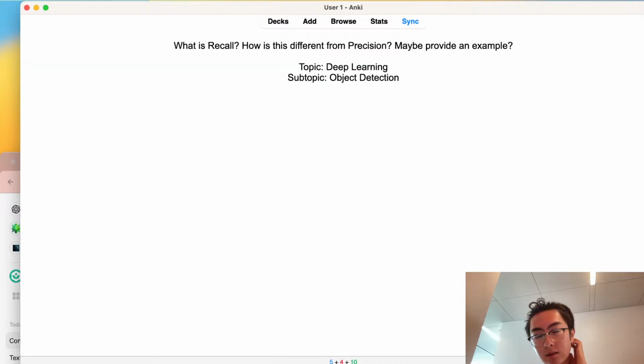What is recall? How is it different from precision? Maybe provide an example. So recall is a measure of the true positives divided by the true positives and false negatives.